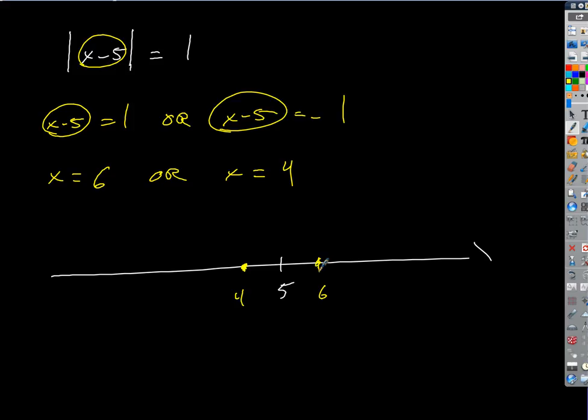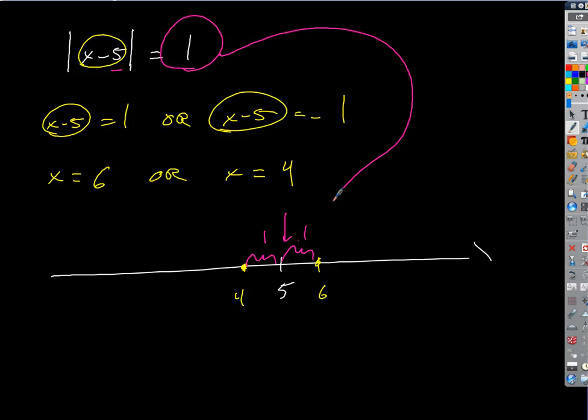How far are they away from 5? 1. Okay. So an absolute value is a distance on a number line, isn't it? Look where the 5 comes from. X minus 5, well, there it is, right? That's the point that we're judging our distance relative to. And we want the points that are a distance of 1 away from that. See what I'm saying? Does that make sense?